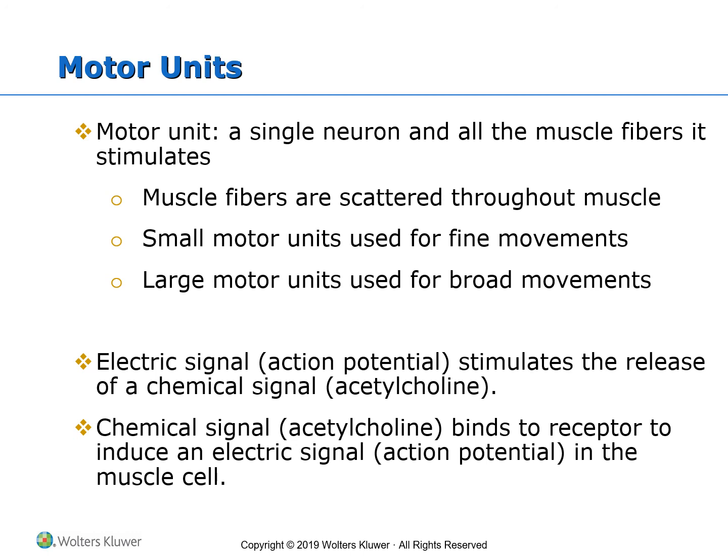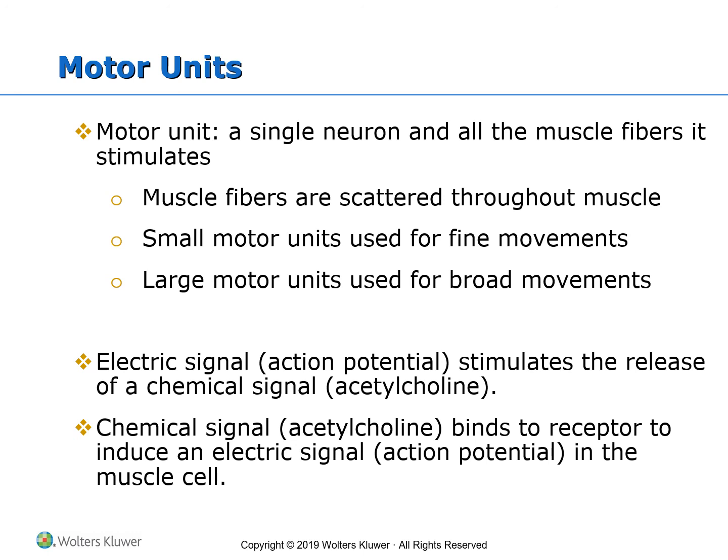The muscle fibers can be scattered throughout the muscle, and usually we have small motor units whenever we need fine movements, while the large motor units will be used for broad movements that do not ask for a finesse type of activity.